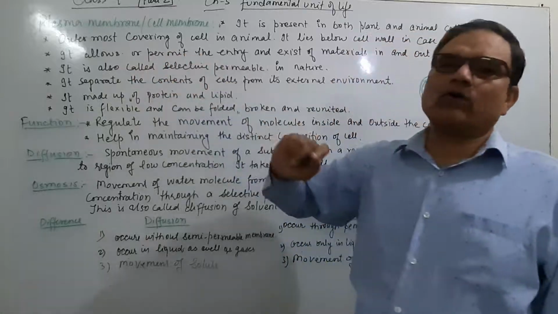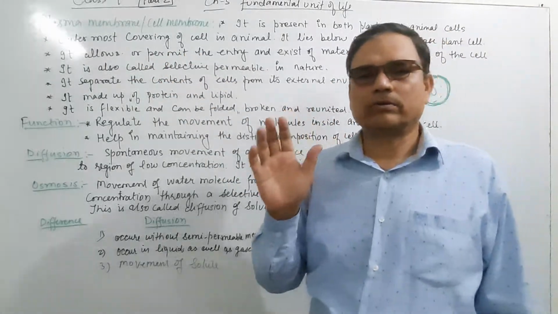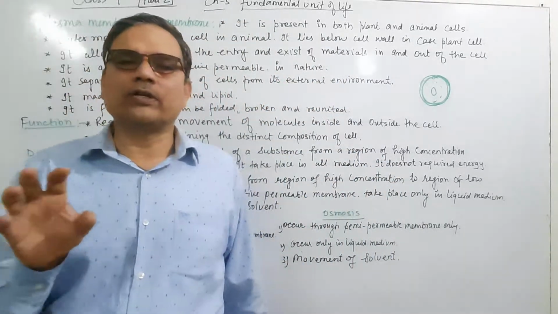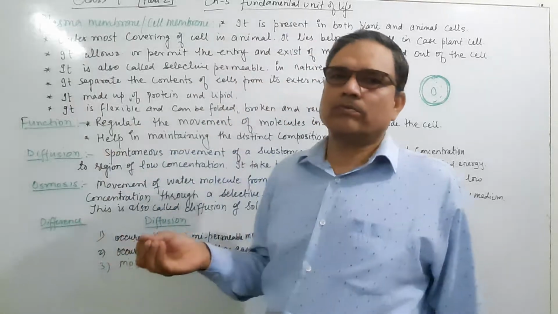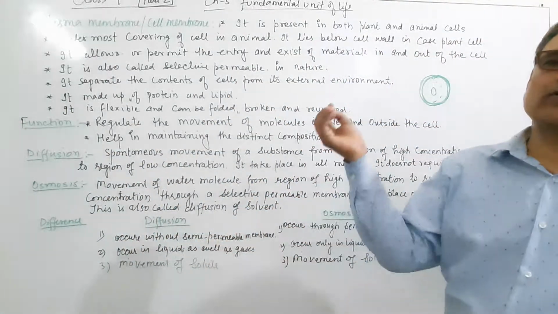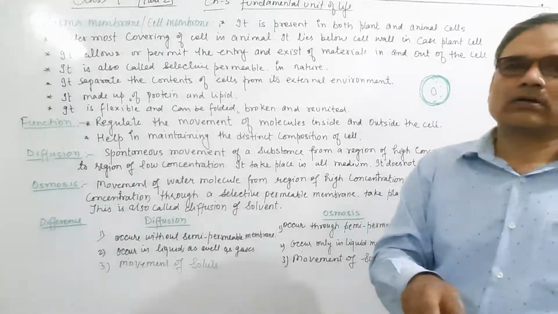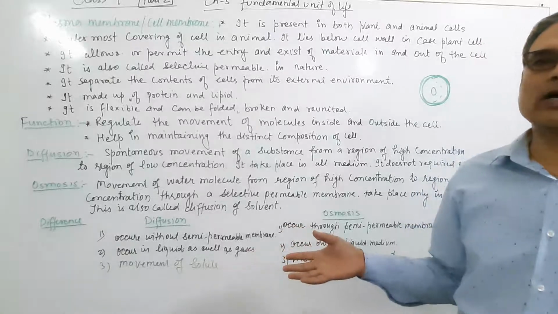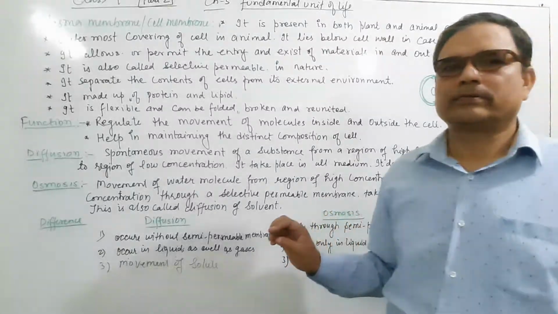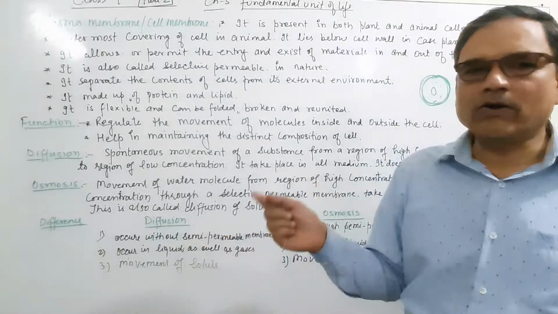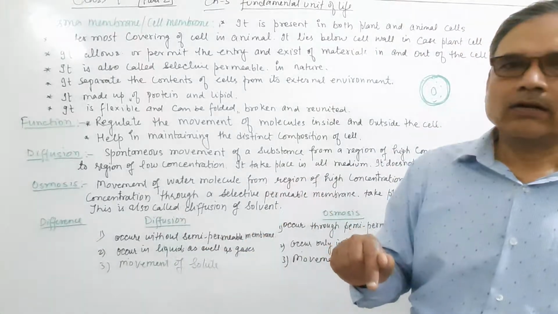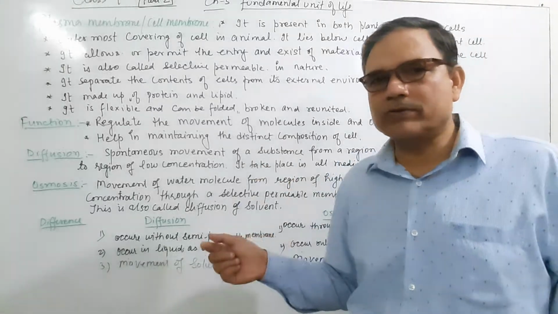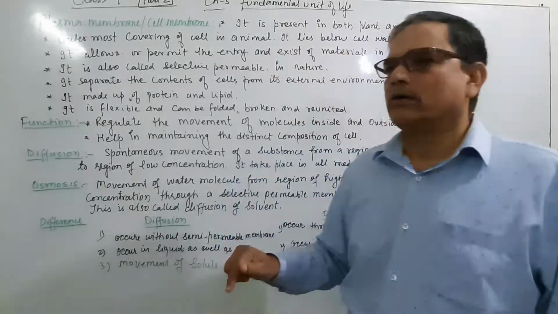It allows or permits substances in and out of the cell. It allows the substance from the external environment to move inside the cell, or the substance to move out from the cell to the external environment. So there will be movement of substances from inside to outside, and from outside to inside.